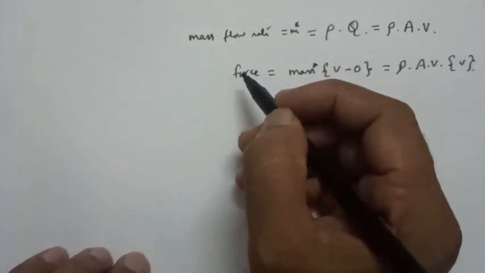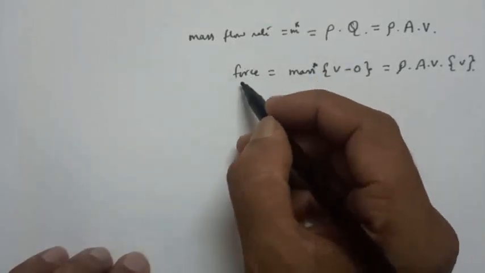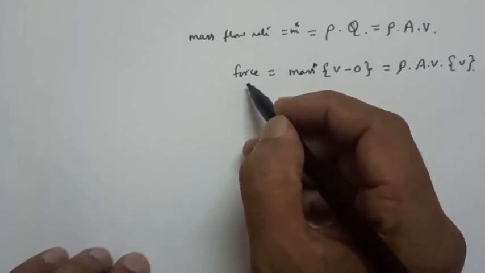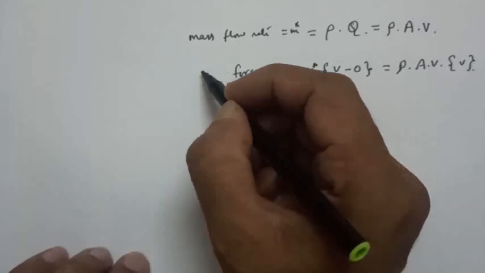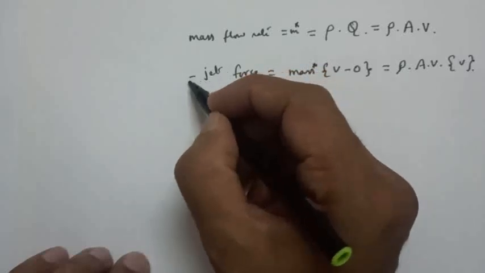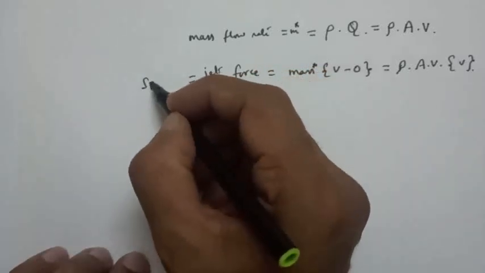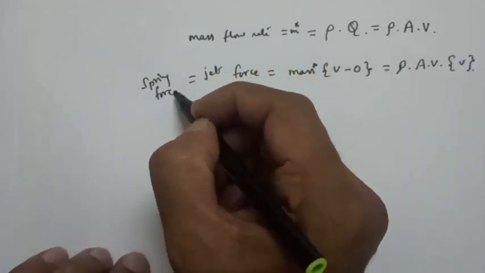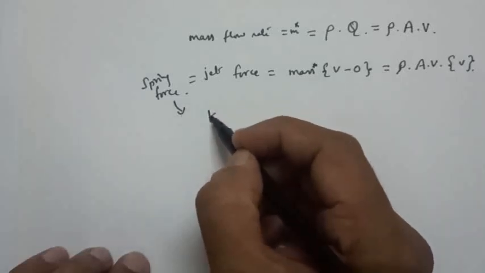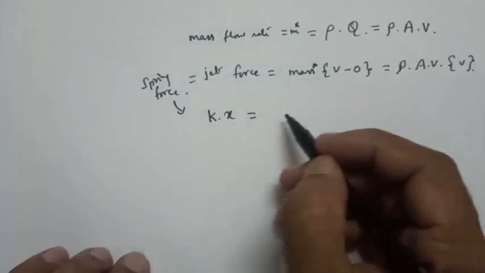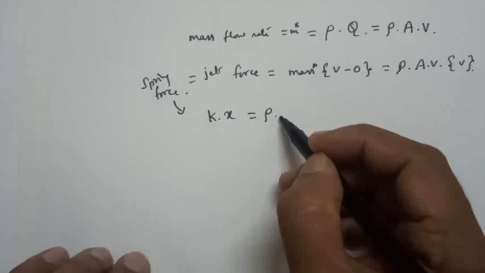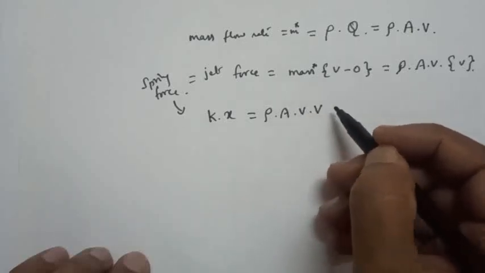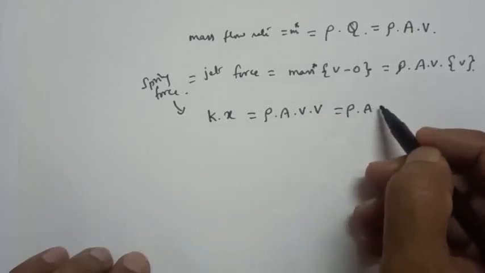So this force is due to change in momentum of the jet, or this is the jet force. This is equal to the spring force, k into x. So this is rho A V into V, or rho A V square.